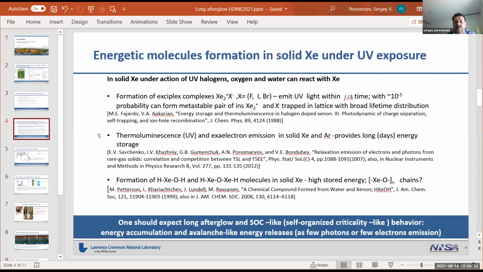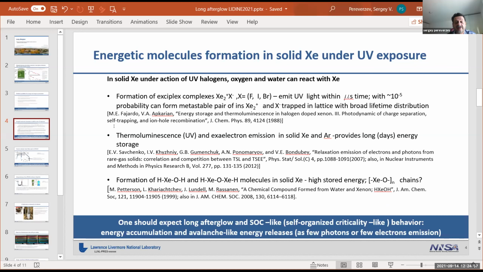Its likely production goes through the excimer molecule, and these excimer molecules give an electron to, say, fluoride, and you have a complex of this xenon 2+ and fluoride minus, and it is called an exciplex.